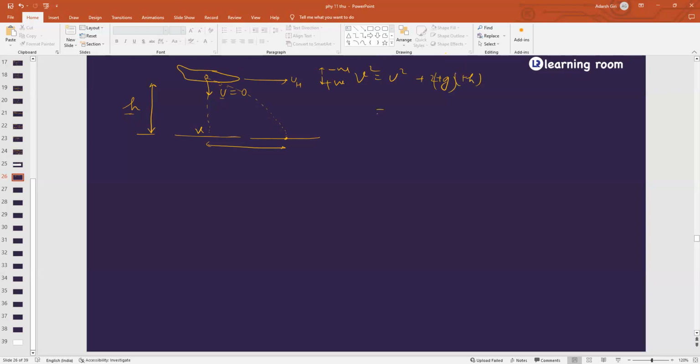So u is 0, v square is 2gh. In order to calculate the height we need the velocity, or to calculate the velocity we need the height, right? Second equation.